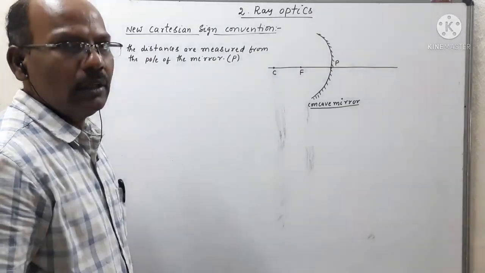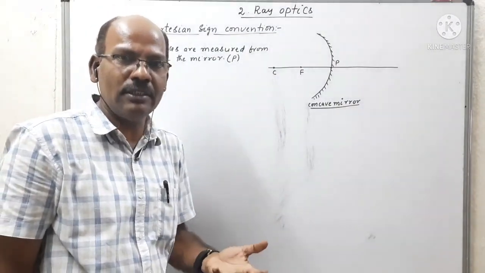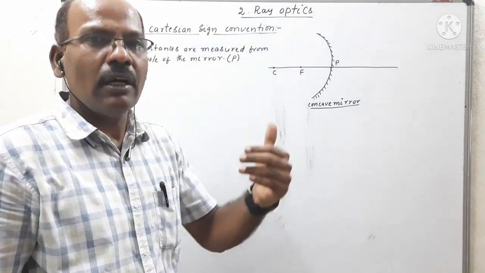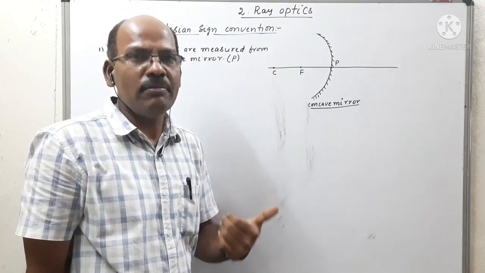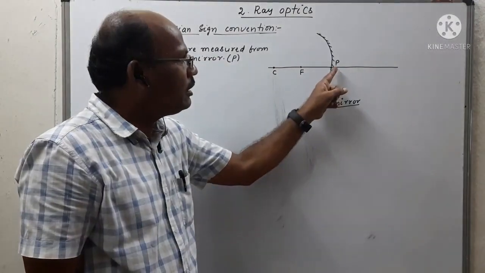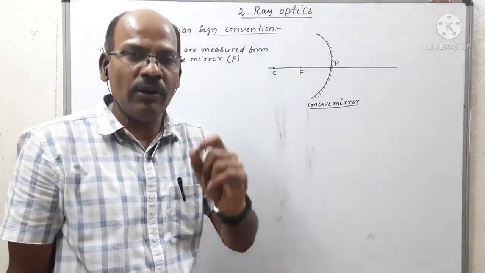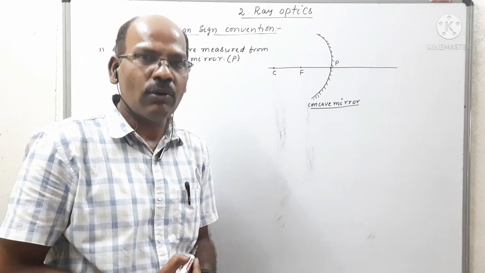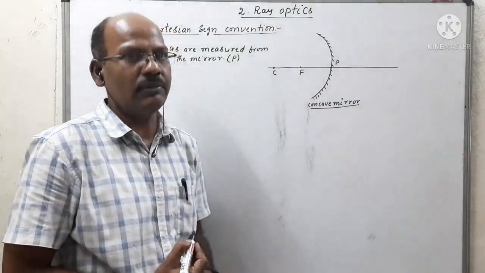P. So we measure all the distances, that means object distance, image distance, or height of the object or height of the image, from the pole, which acts as the origin in the case of the coordinate system.